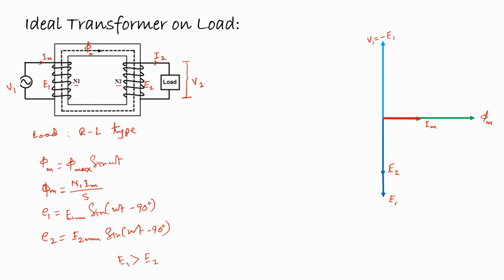Now, what will happen for the loading? First of all, as it is the ideal transformer, there will be no losses. Therefore, the value of E2 and V2 will be the same for an ideal transformer. So the phasor of V2 will also be the same as that of E2.